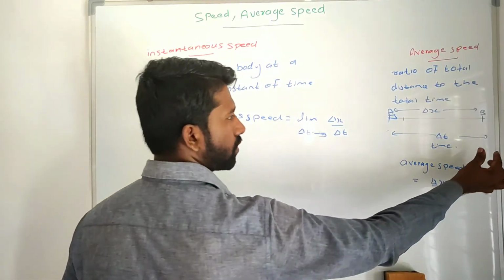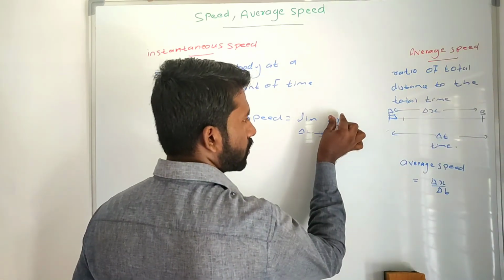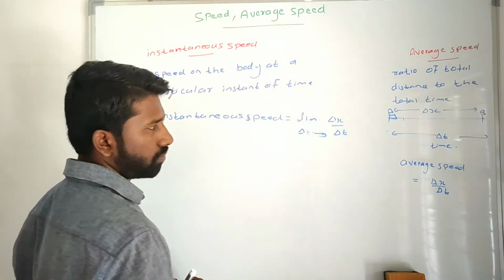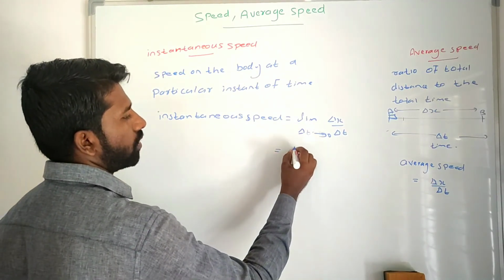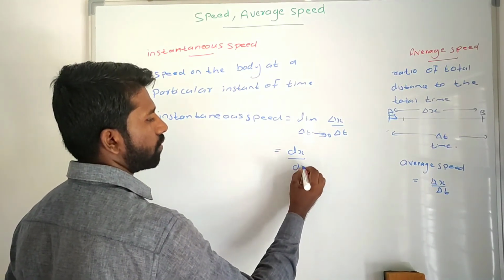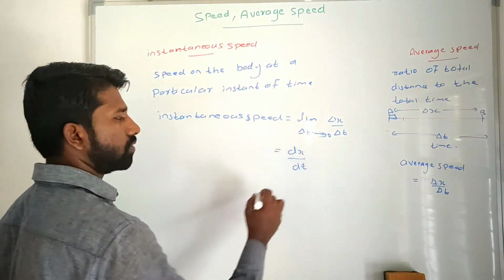If delta t approaches 0, what is the distance divided by what is the time? That is the instantaneous speed. That we can write like this also, dx divided by dt. What is dx divided by dt?